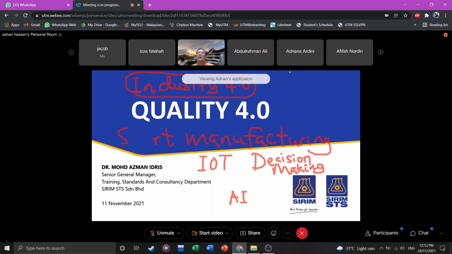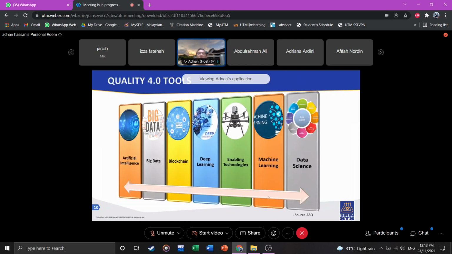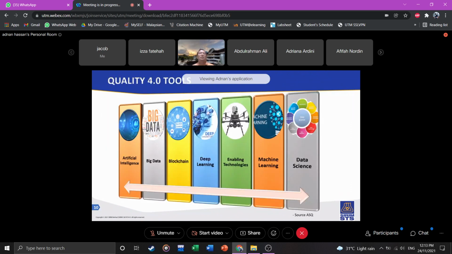Okay, let me directly jump to this one first. Okay. So quality 4.0. Okay. Quality 4.0. Okay. These are the tools for quality 4.0. Artificial intelligence, big data, blockchain, deep learning, enabling technologies, machine learning, data science.